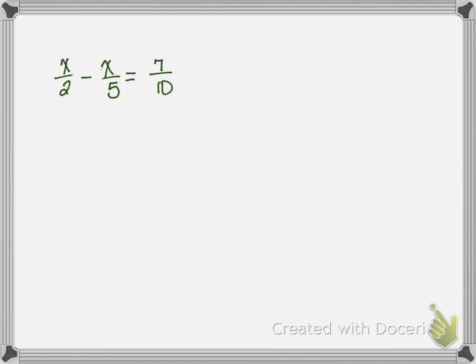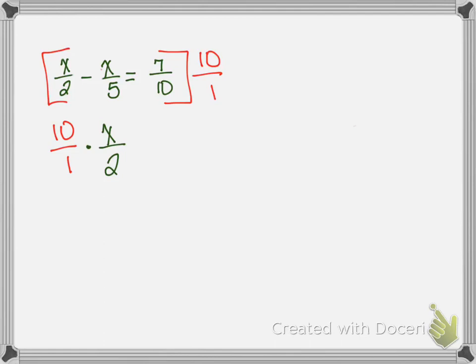10. Okay? So we are going to multiply everything by 10 over 1. Okay? So I have 10 over 1 times x over 2. Okay? Then I am subtracting 10 over 1 times x over 5.